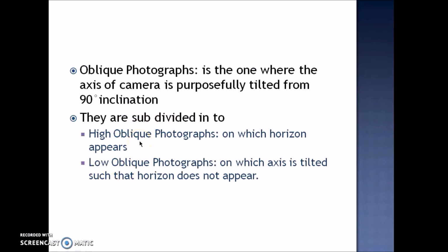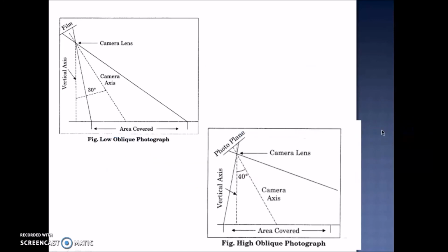High oblique is the one where the axis is tilted such that the horizon appears, then we call it high oblique. If the horizon does not appear, then we call it low oblique. What is this horizon? Let's see in the pictures. This line.